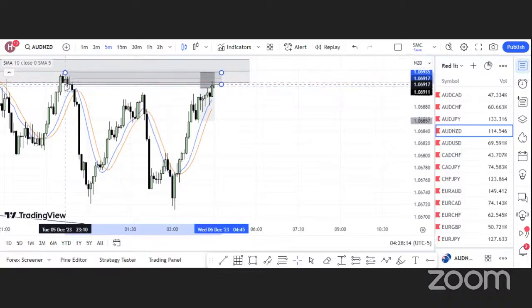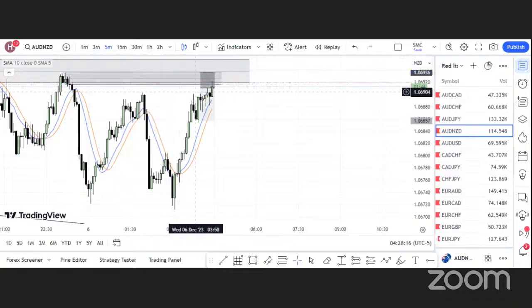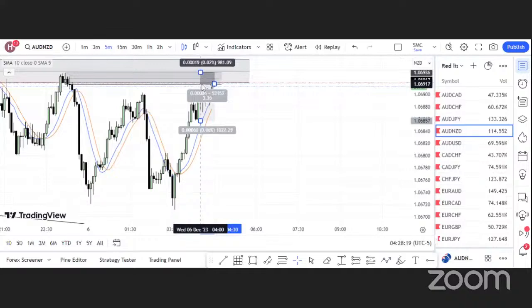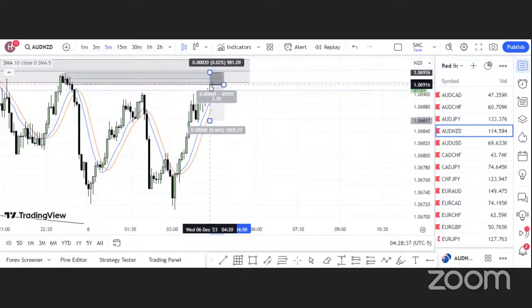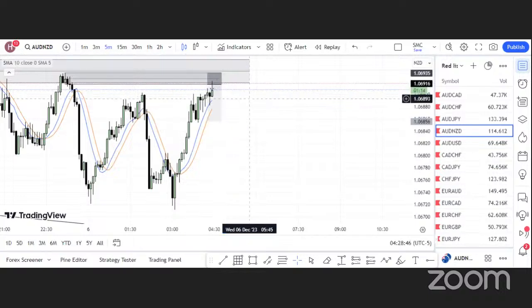But most importantly, let's stay. Let's see how it closes. Let's see if it's going to close in our favor or not. Okay.